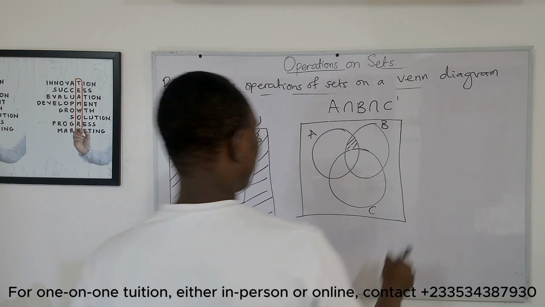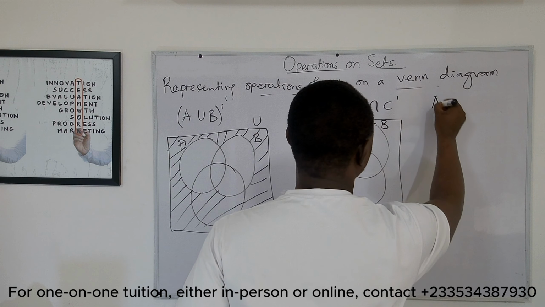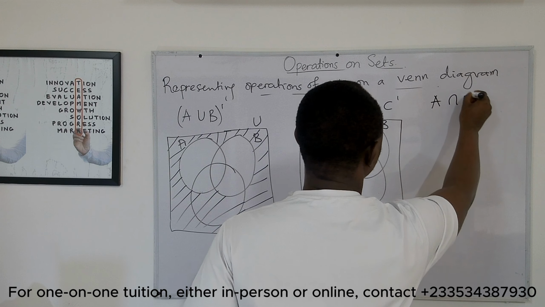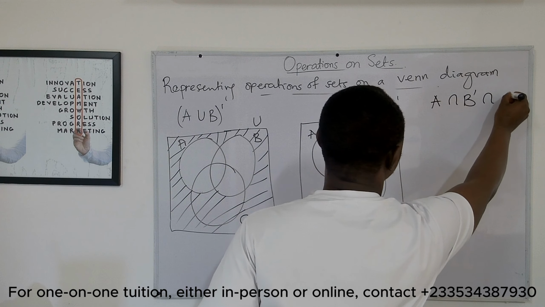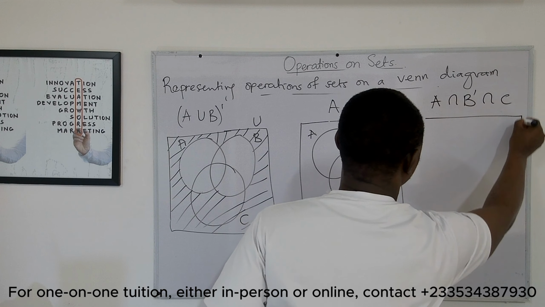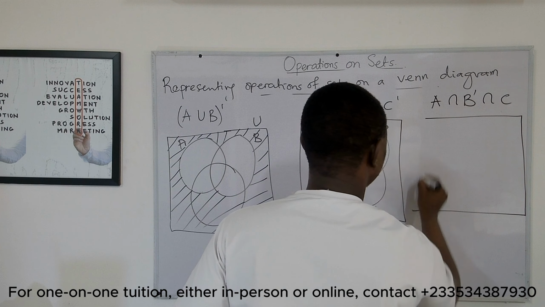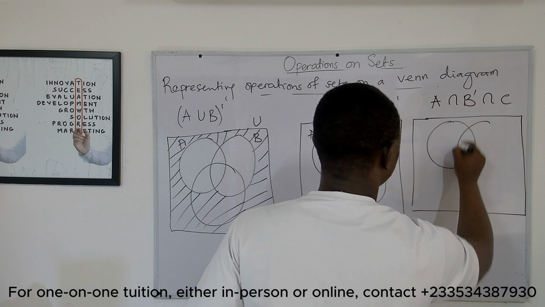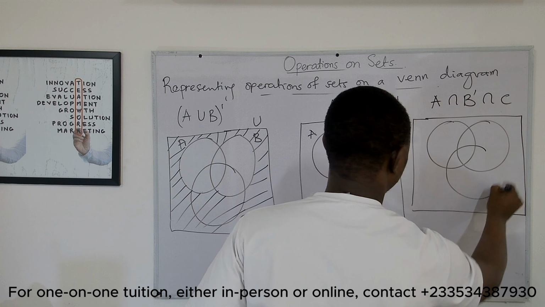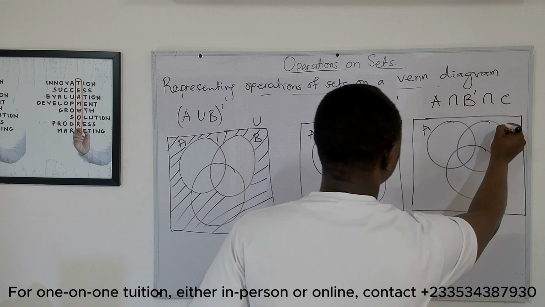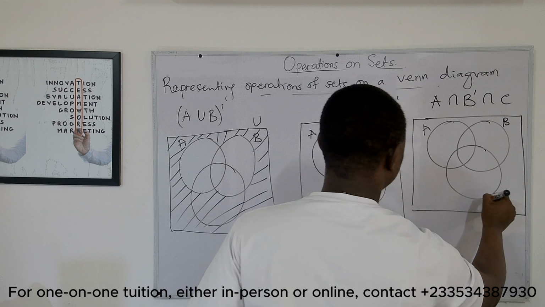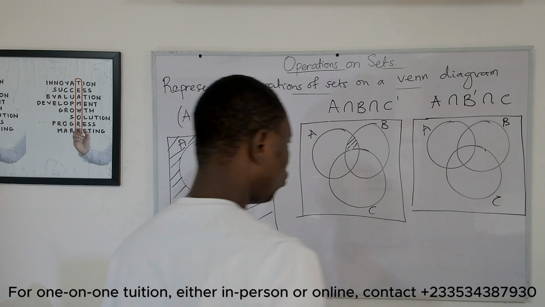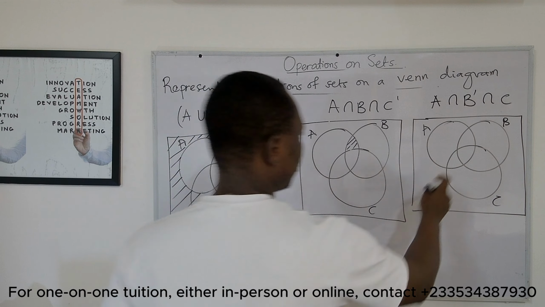So if we talk about A intersection B complement intersection C, what are we looking at? We are looking at the situation like this: A, B, C. A intersection C is here.